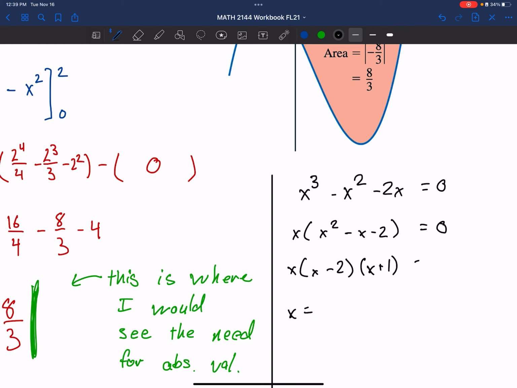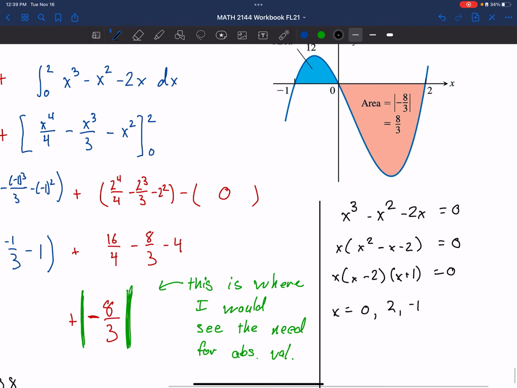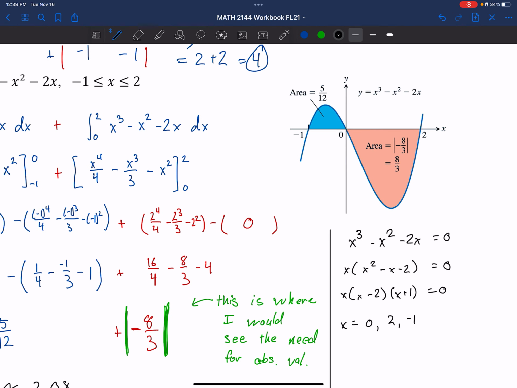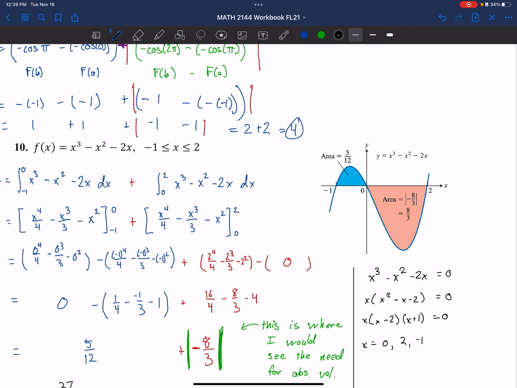So x is equal to 0, 2, and minus 1. And that's how we broke it up based off of the zeros. So you would find the zeros, order them, and consider them within the interval. Does that answer your question? Yeah. Any other questions? All right.